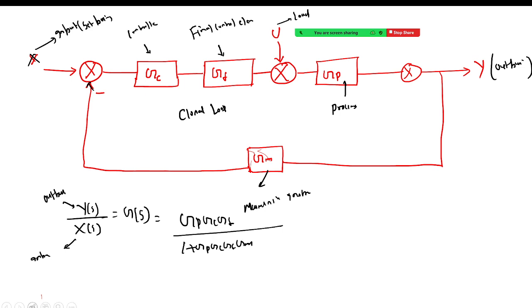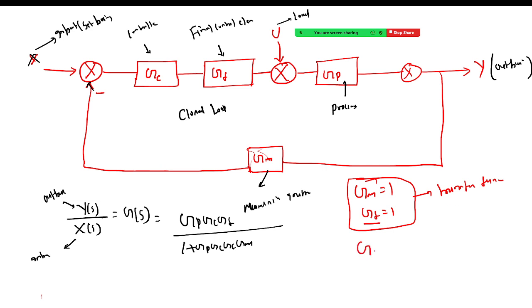Now I'm not going to solve all these things, I will just write directly. Let's say GM is equal to 1 and GF is equal to 1. I'm assuming the transfer function for the measuring instrument and final control element is equal to 1.